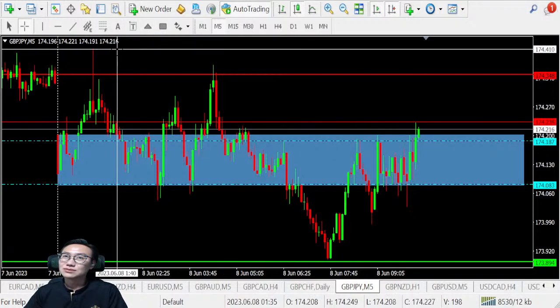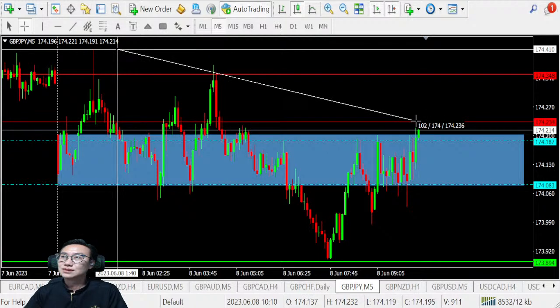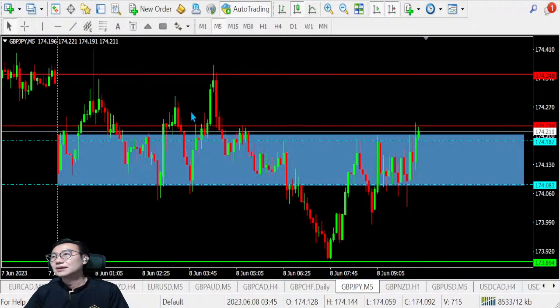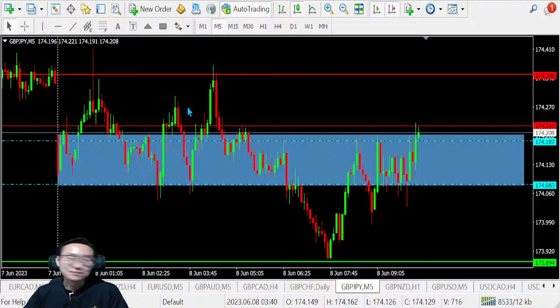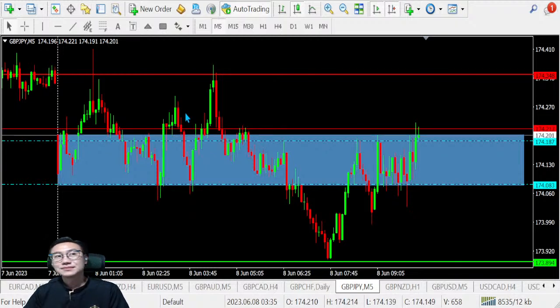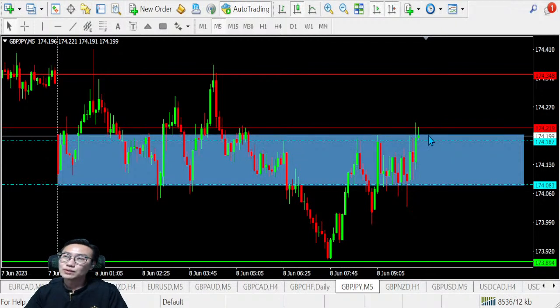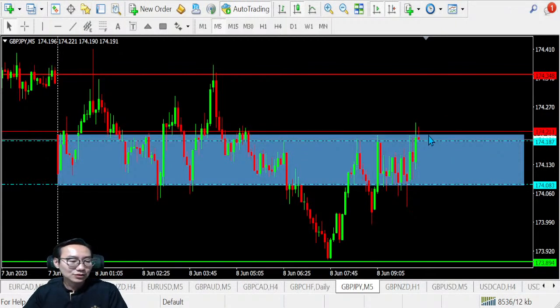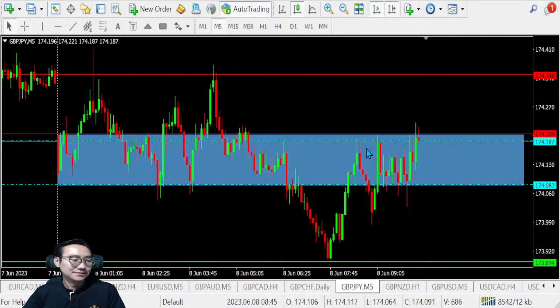About 17 pips. Let's wait, I think it's getting close. We are going to wait for one support. After the support forms up, then we'll have a good chance there. Okay, so that's one.